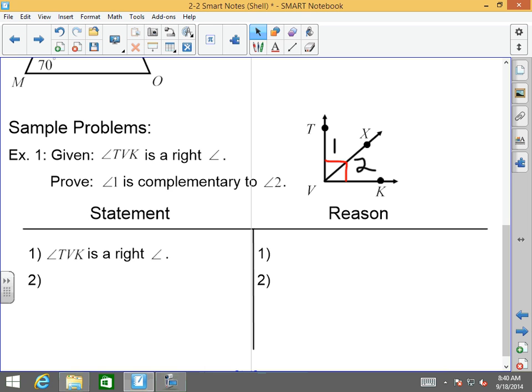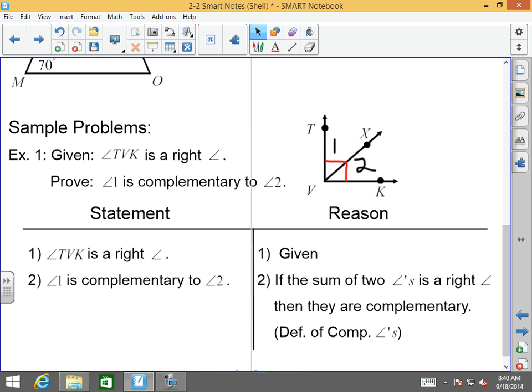Angle TVK is a right angle. Given. So if you know they're right angles, what has to be true about angle 1 and 2? There's a very easy proof. Angle 1 is complementary to angle 2. Why? If the sum of two angles is a right angle, then they are complementary.